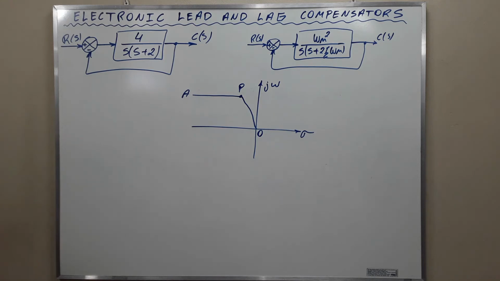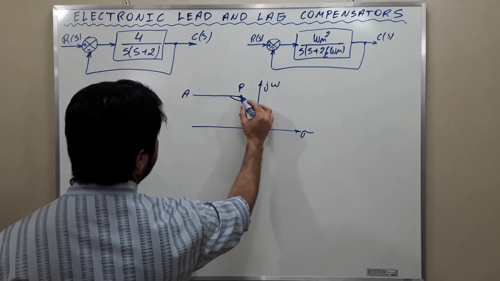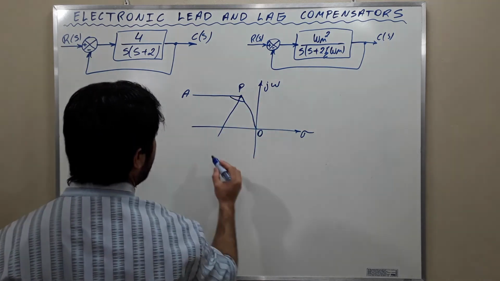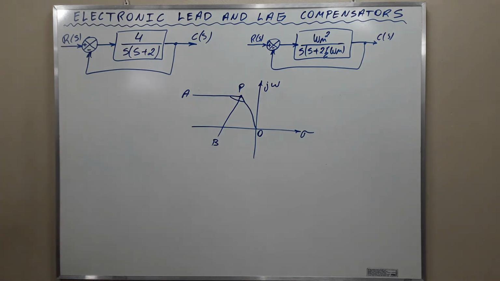And we are going to bisect the angle between PA and PO. We're going to bisect this angle here, okay? And it's going to be like this, and this is going to be B, all right?